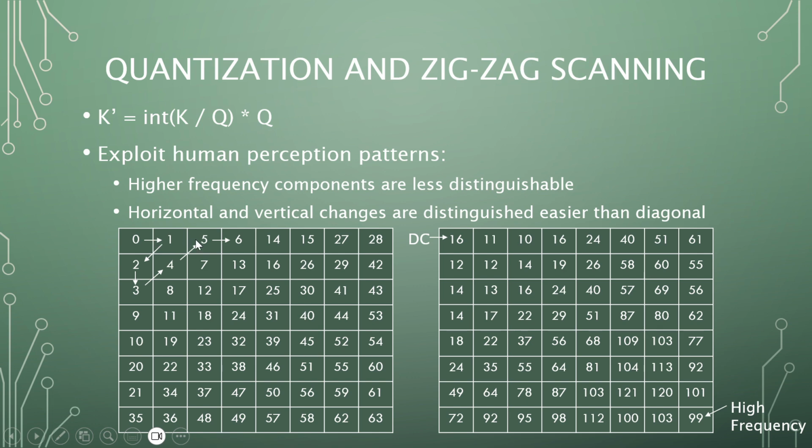So instead of sorting all the DCT coefficients from left to right, top to bottom, we have them in a zigzag fashion, such that jumps diagonally are large, but jumps vertically and horizontally are small. This allows us as humans to not distinguish changes as much, preserving the quality of the image without necessarily having to add more bandwidth.